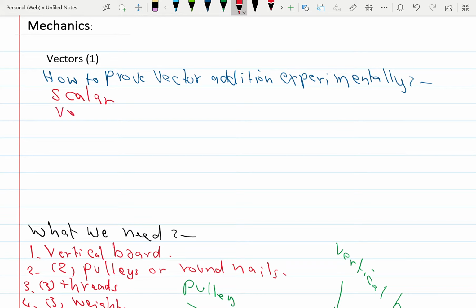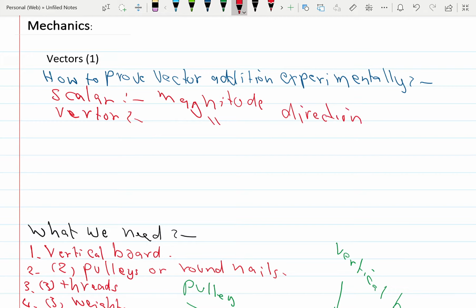For a scalar, we need only the quantity, the magnitude. But for a vector, we need both of them. We need magnitude, but we need also direction to specify it.